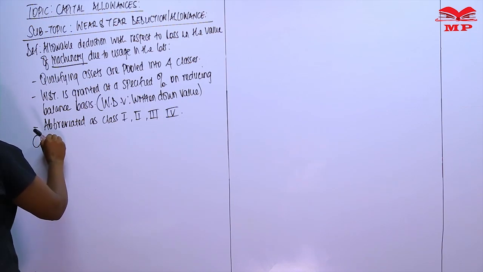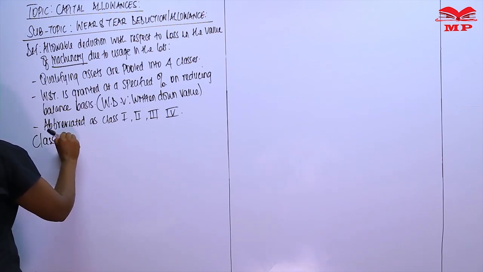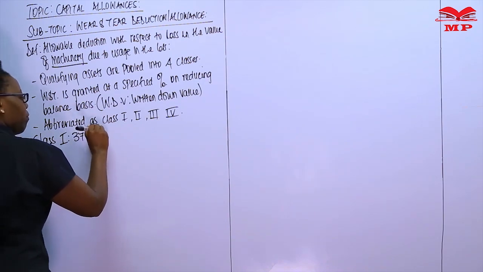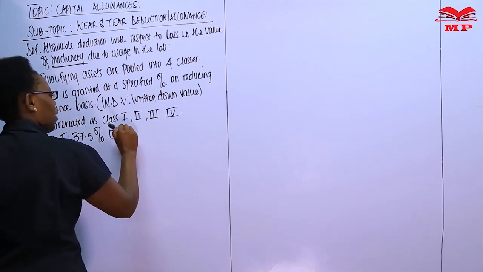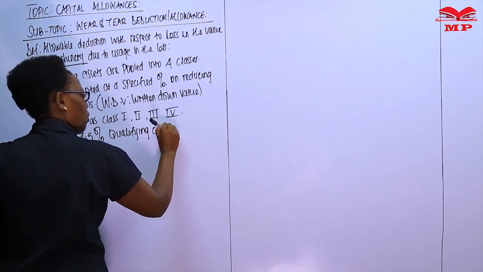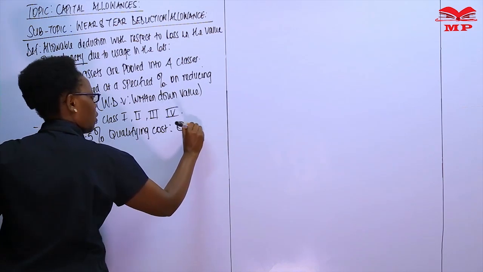Class 1, at a percentage of 37.5% of the qualifying cost. We're going to explain what qualifying cost is. We're going to abbreviate qualifying cost as QC.